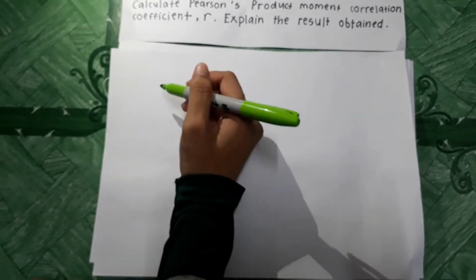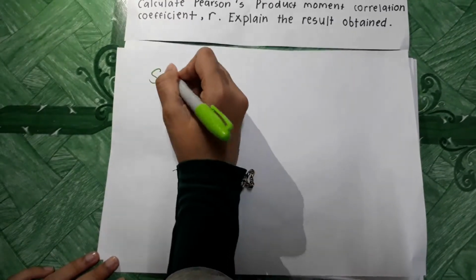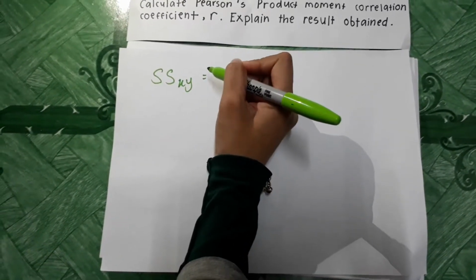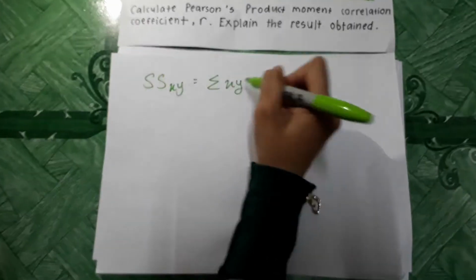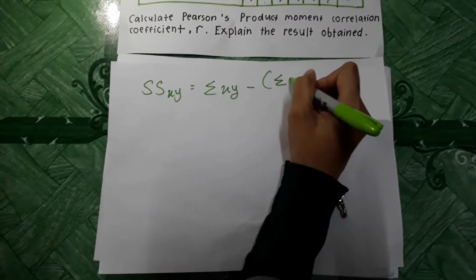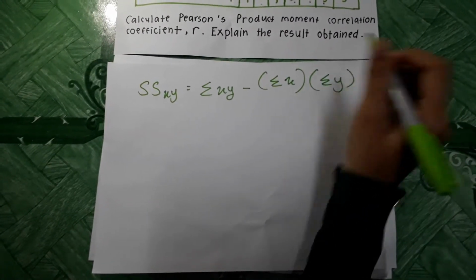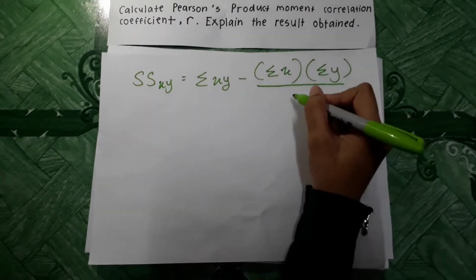So we move to the second step, which is the strength of the linear relationship of X times Y, which uses the formula: total of XY minus total of X times total of Y divided by the number of data.